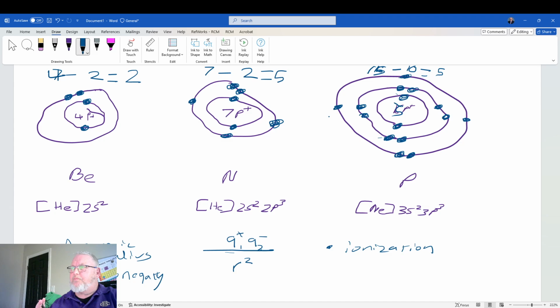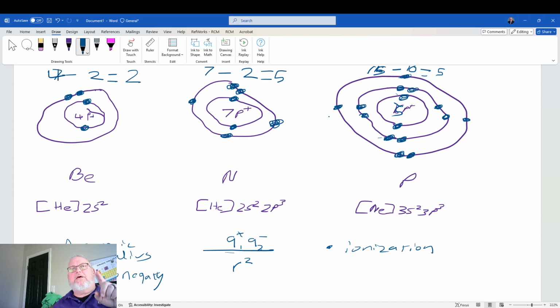As you go across a table, ionization energy increases because you have more positive influence from the nucleus, less shielding for the inner electrons for them to be held together. And that's really what we need to know about trends. Okay?